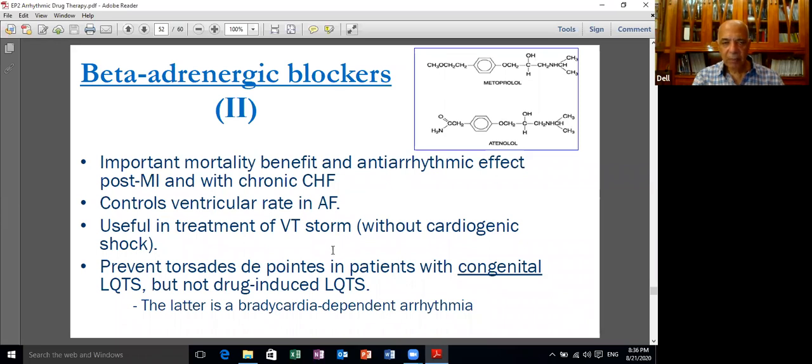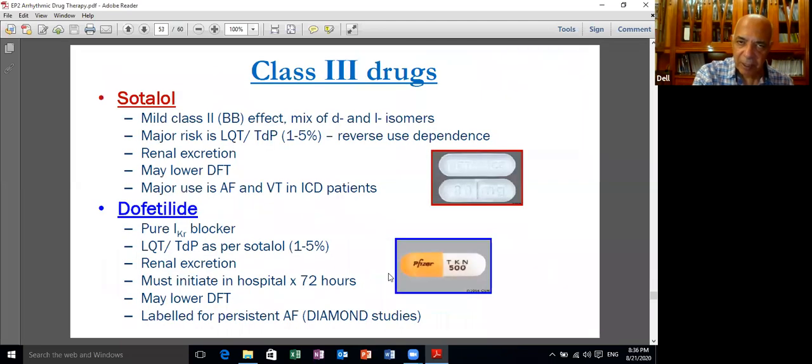At the same time, it's used in the treatment of congenital or hereditary long QT interval and as an anticonvulsant. Obviously, it is contraindicated in the treatment of drug-induced long QT interval because that is bradycardia dependent.